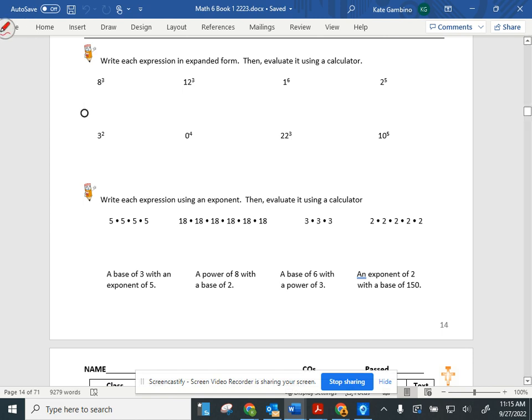So 8 to the 3rd power, what's that going to look like? Julian is super excited for exponents. Gigi, tell me. 8 times 8 times 8. When we write an expanded form, we only see that base number. We only see the base, and we multiply it as many times as that exponent says.